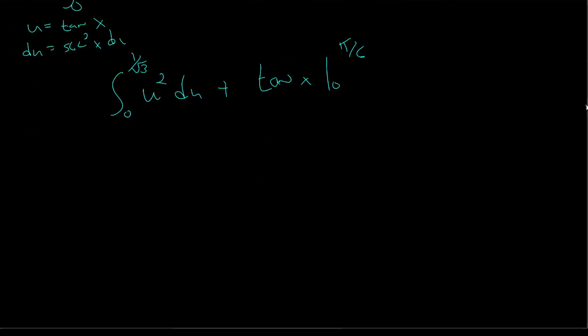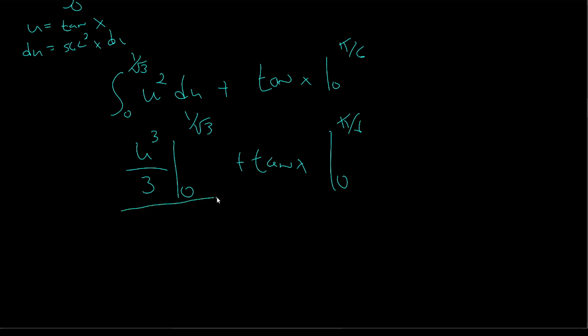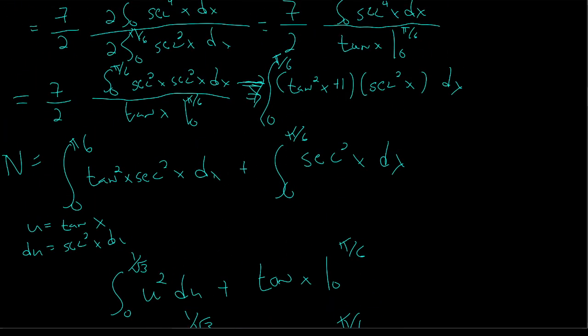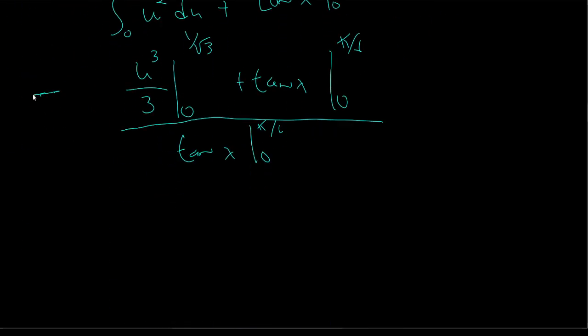So our integral's not too bad now. We're going to get u cubed divided by 3 evaluated from 0 to 1 over root 3, plus tangent x from 0 to pi over 6. If I bring the numerator back in, we get tangent of x from 0 to pi over 6. And if I remember correctly, there was a 7 halves hanging out in front of all of this. So let's do this evaluation upstairs here.